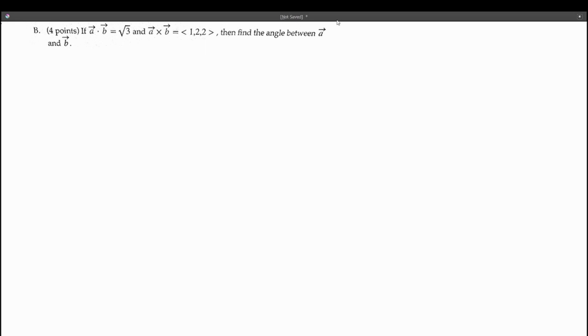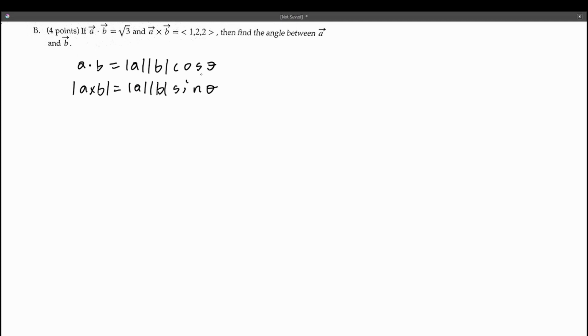Well, to solve this one, you just need to use the same formulas as last time. We already have that the dot product of a and b is magnitude a, magnitude b cosine theta. The magnitude of the cross product of a and b is equal to magnitude a, magnitude b sine theta.